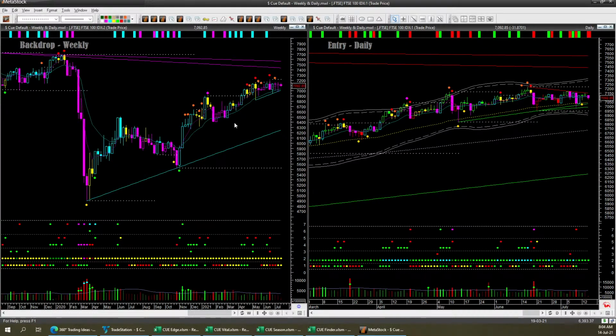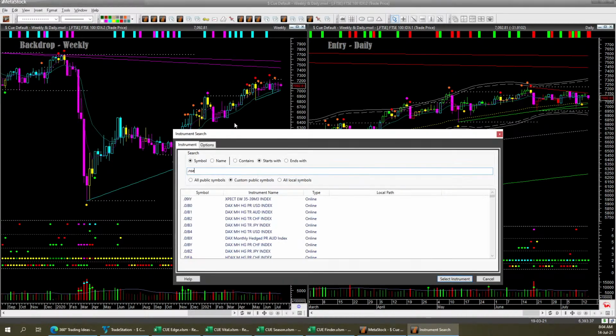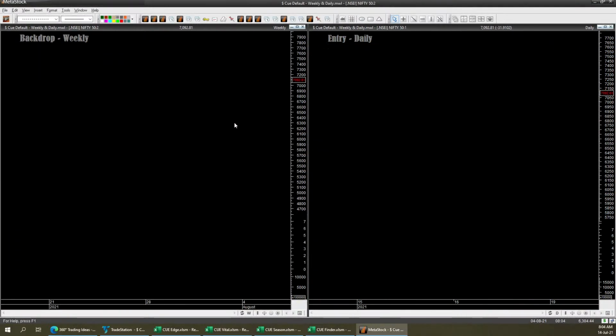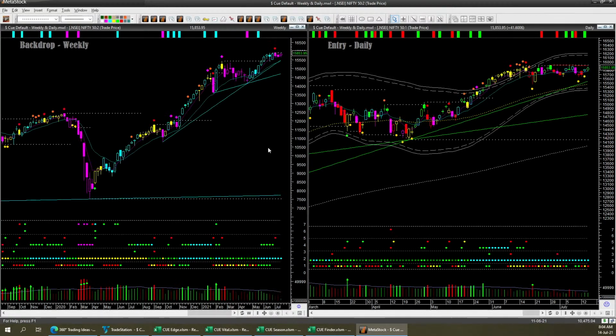In fact, this is the third webinar that I'm showing that the global markets are moving sideways. Is that true for India's Nifty 50? Yes. In the daily, it is inside a triangle. Weekly is moving inside a very narrow range.